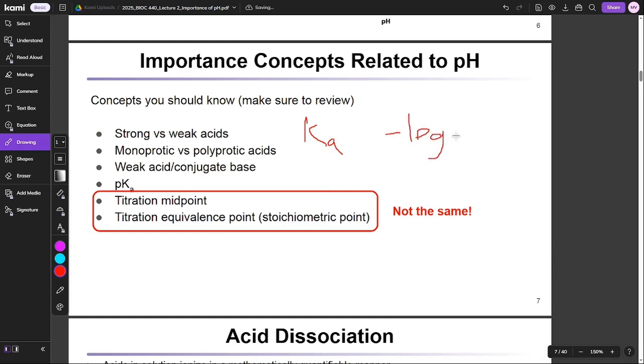Negative log of Ka is equal to pKa. I think I did that right. That seems weird though, but I think that's correct.